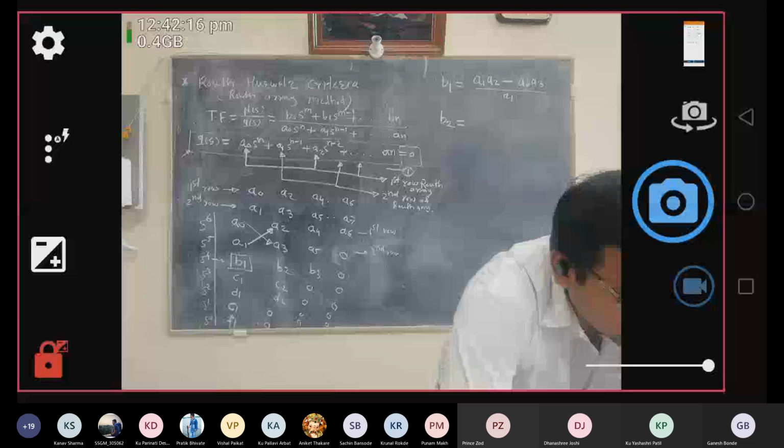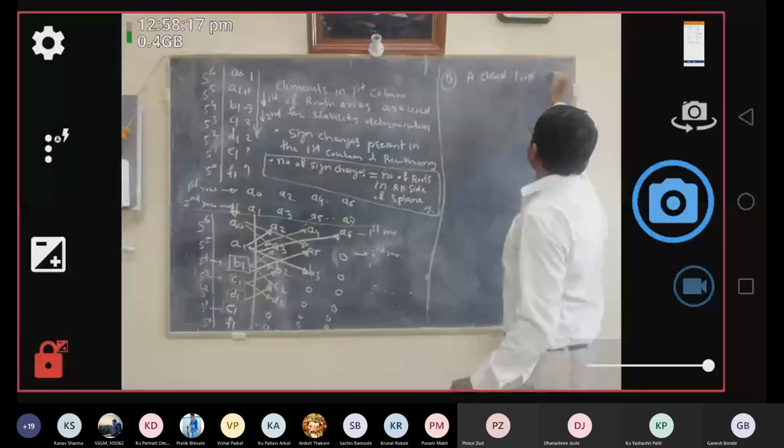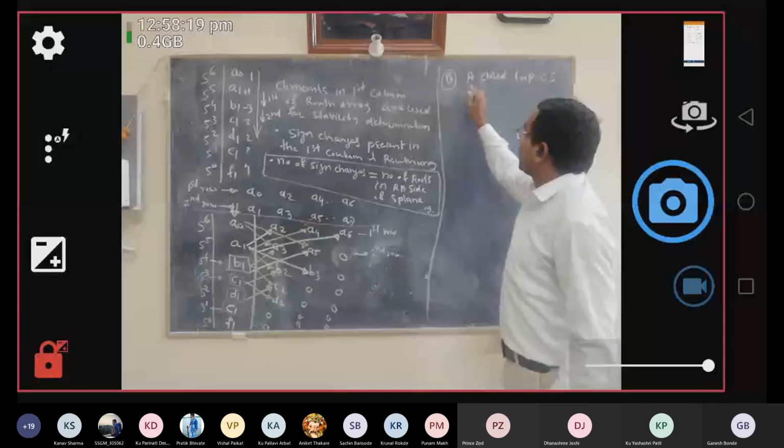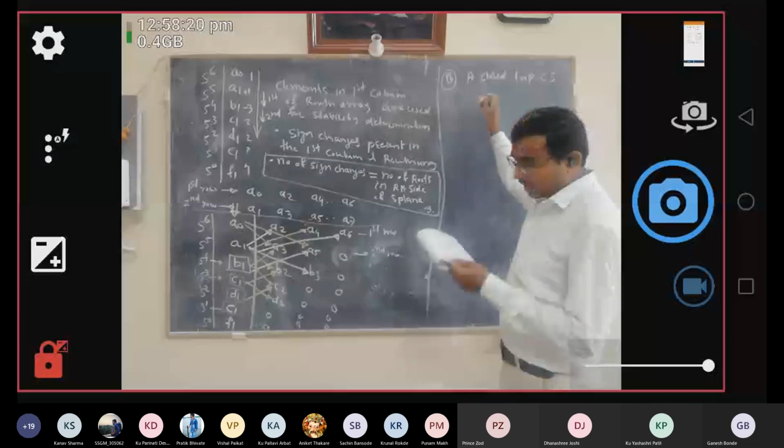A closed loop control system has the characteristic equation, which is given by s cube plus 4.5 s square plus 3.5 s plus 1.5 equal to 0. Okay, so find the stability.